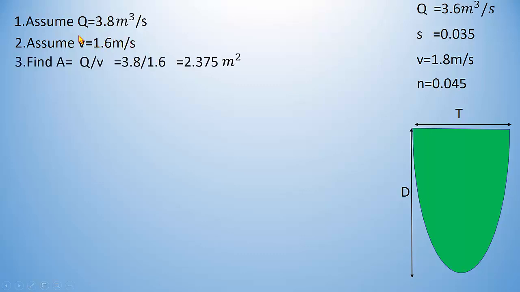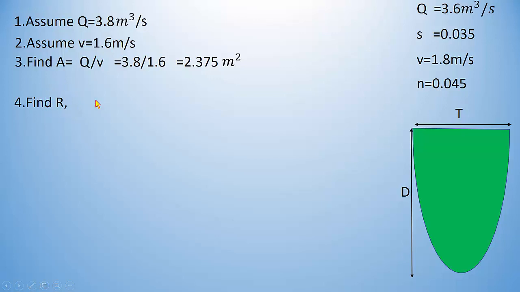Then from discharge and velocity we can calculate area A, that is discharge divided by velocity. So 3.8 divided by 1.6 equals 2.375 meter square.